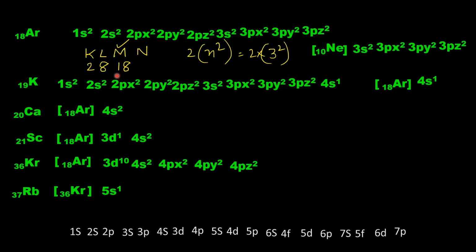But for argon, there are only a maximum of 18 electrons. So the electron configuration becomes 2, 8, 8. All these things you have learned in your smaller classes. I was only helping to recall these things. 2, 8, 8 makes it 18. So first you can write this and then distribute it in this manner.